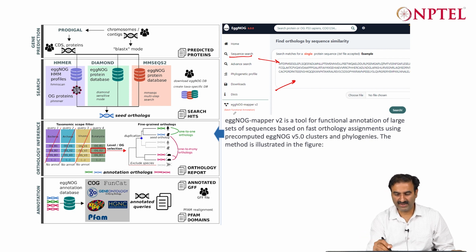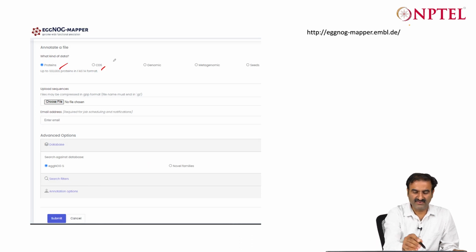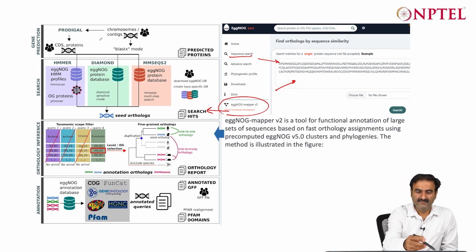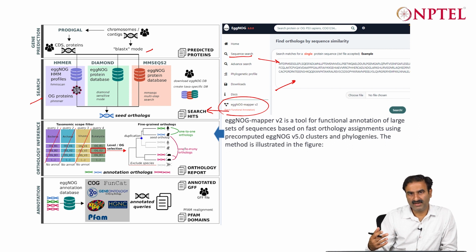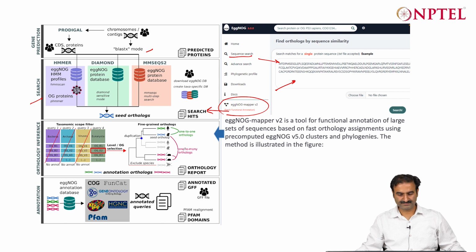Otherwise you can use the eggNOG mapper tool, which works like this: you can give proteins or CDS or genomes or metagenomes, as you can see in the next slide, and it will first predict genes, and then search those genes against the eggNOG database and find the orthology, that is, how many other orthologous organisms or proteins it is matching to.